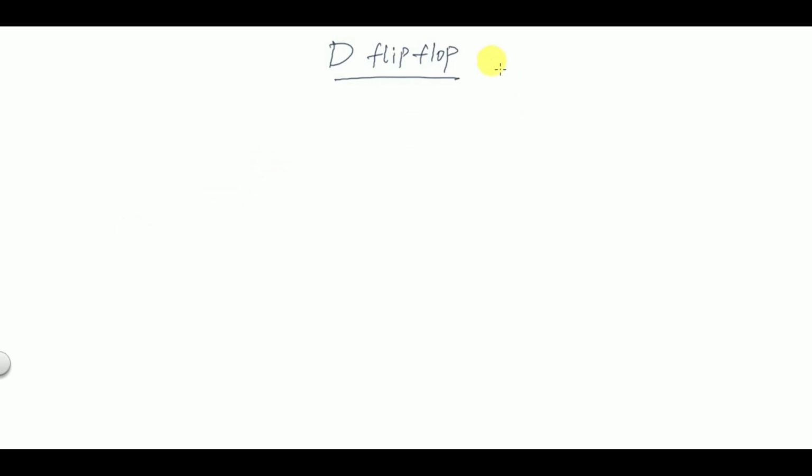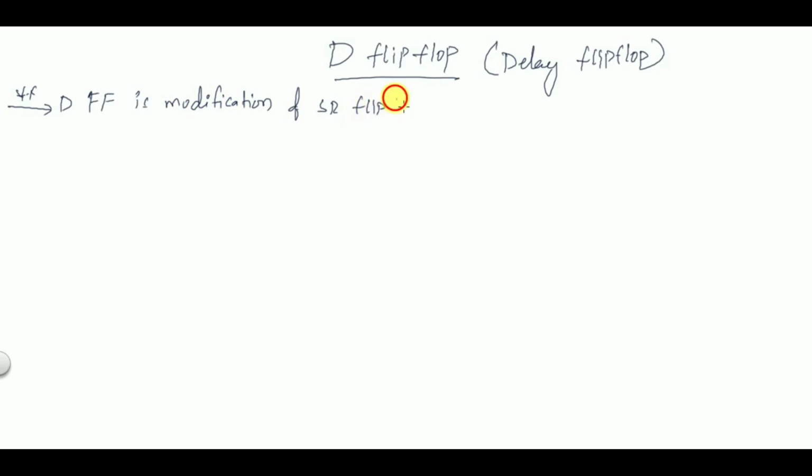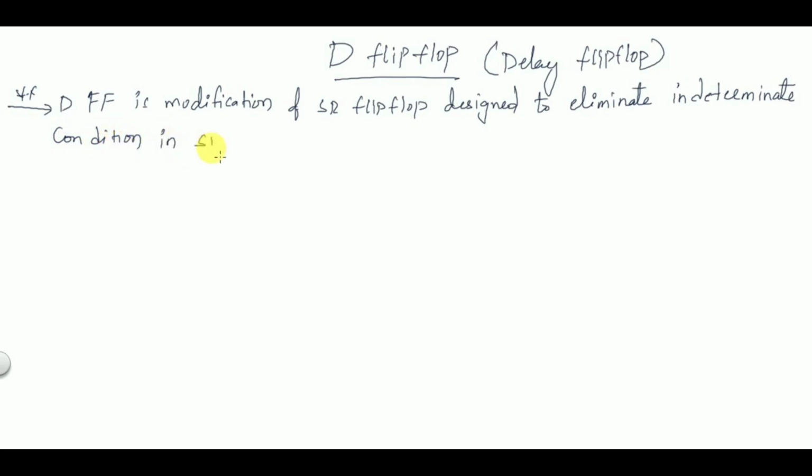Right, so D flip-flop stands for delay flip-flop. The important point which you have to remember is that D flip-flop is a modification of SR flip-flop, designed to eliminate the indeterminate condition in SR flip-flop.